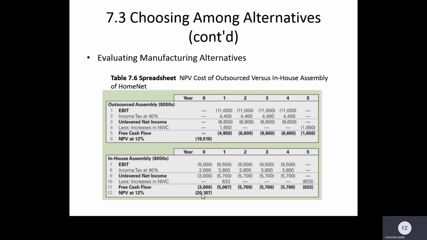Given these two numbers, which alternative is better, minus 19.5 million or minus 20.107? Based on this understanding, even though both are negative, the number is relatively bigger for alternative 1, minus 19.5 million versus minus 20 million. So the decision is to go with outsourced assembly. We'll look at the Excel spreadsheet next.